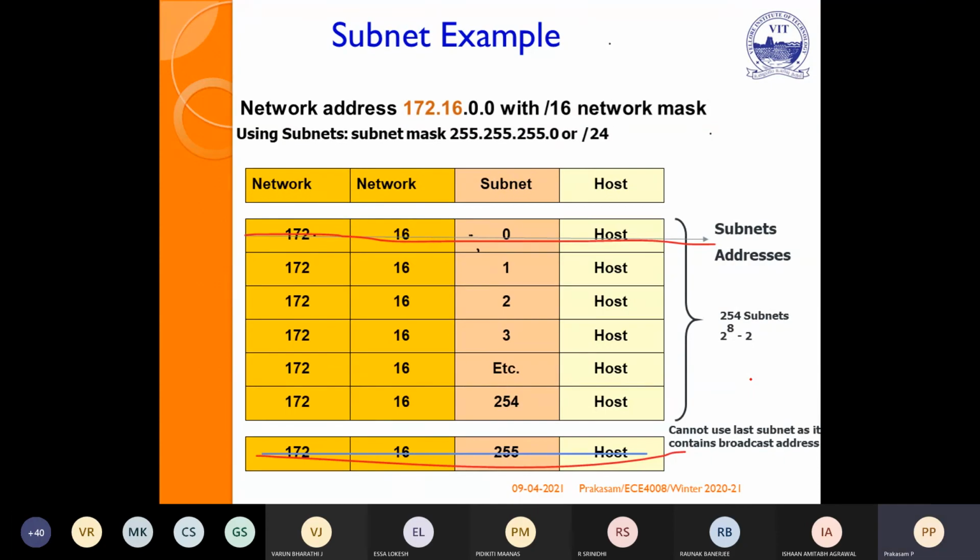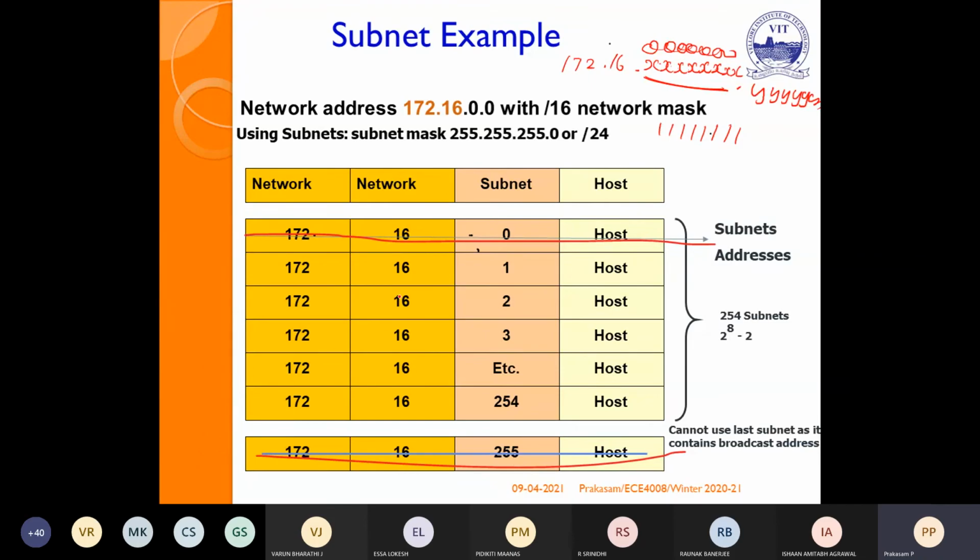So if you see here, the same way, 172.16 dot, this field is for the subnet, then the last field is for the host. Now all these 8 bits will vary from 8 zeros to 8 ones.